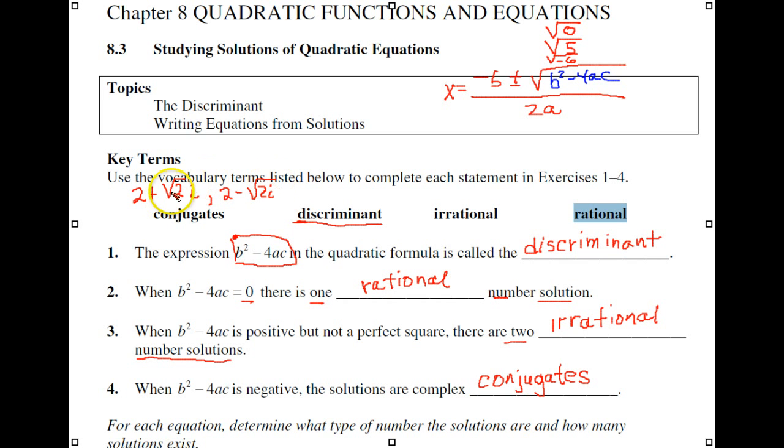Again, if under the radical sign it is a negative number, the discriminant then determines that for our answers here, you're going to get 2 answers. Again, this is a plus, this is a minus, the same terms. These are called complex conjugates as answers.